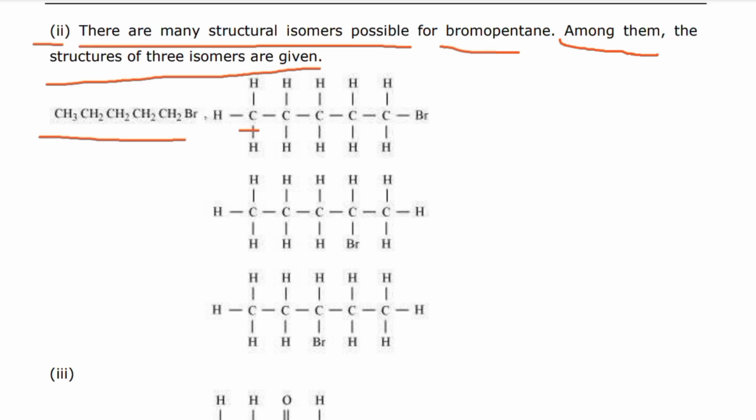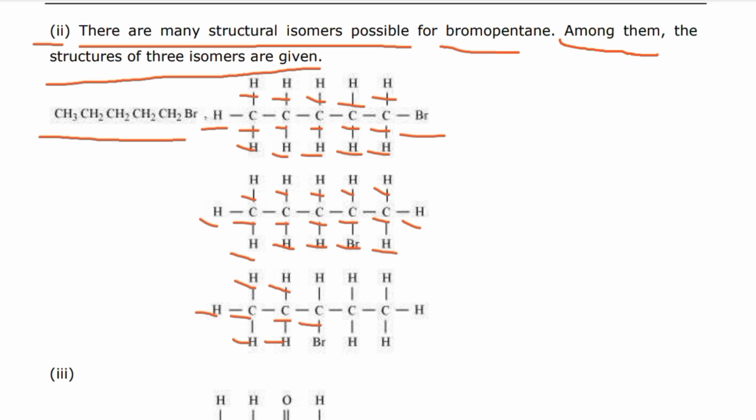C H H H C H H C H H C H H C H H Br C H H H C H H C H H C H Br C H H H C H H H C H H C H H Br H C H C H H H.